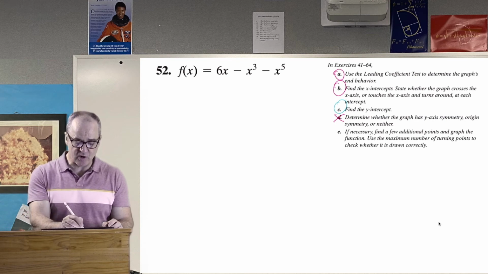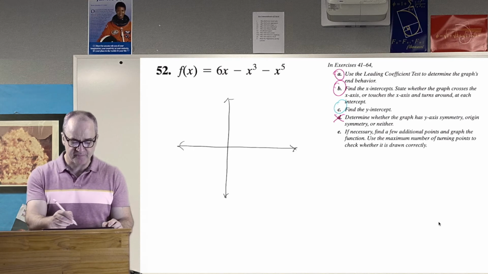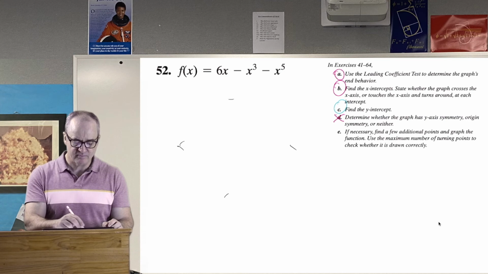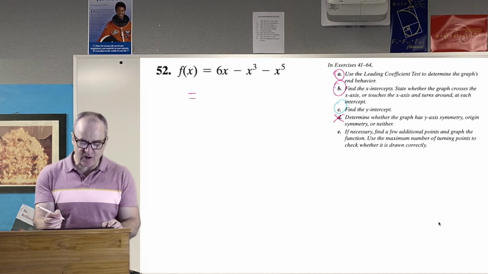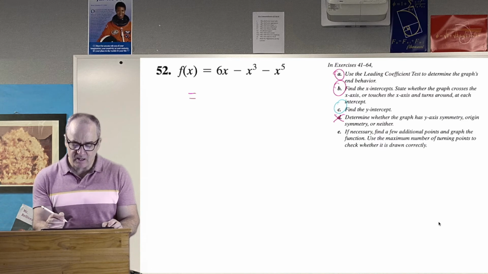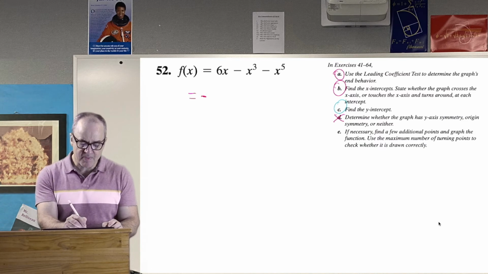All right, so I'm going to take, didn't really mean to start with the graph here. Let's do some factoring first. Okay, the first thing I'm going to do is take out negative x. And that leaves me with -6 plus x squared plus x to the 4th.